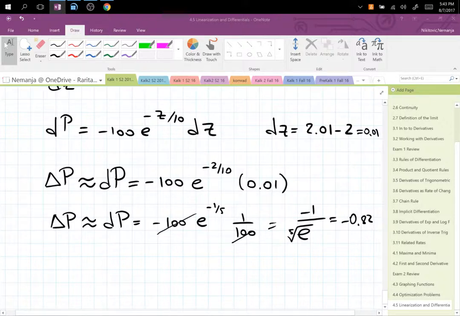It didn't say anything. Or maybe it's in atmospheres. 1 atmosphere is the pressure of the air, so maybe. No, this is the change in atmosphere, so we are losing 0.18 of an atmosphere. Maybe too much.